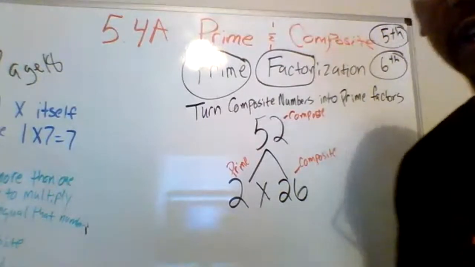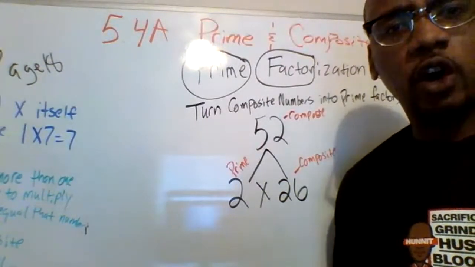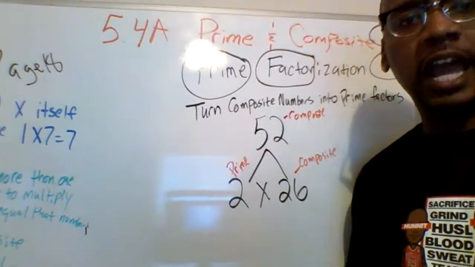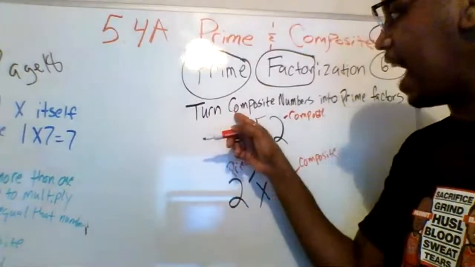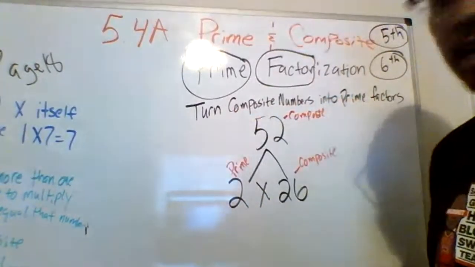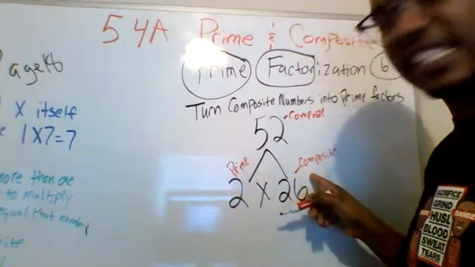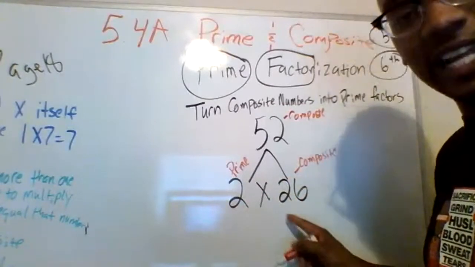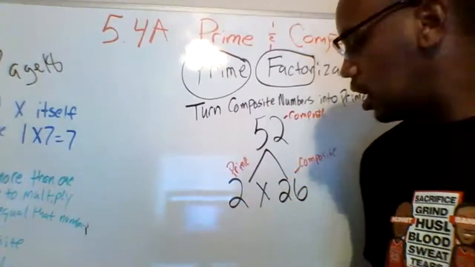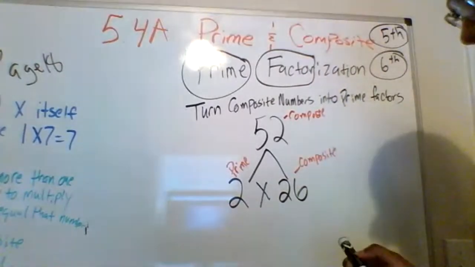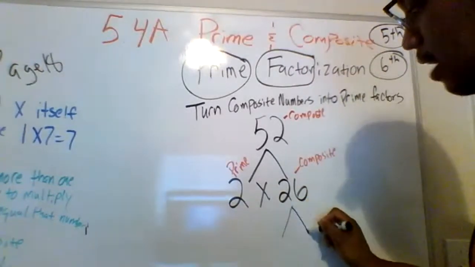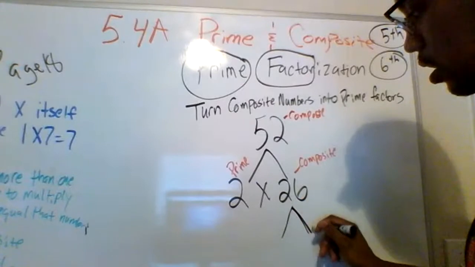So you say, Mr. T, how do you know 52 ain't finished yet? Well, I haven't turned it into all prime numbers. That's prime, but that's still composite, which means I need to break that down some more, right? So that means I'm gonna have to break 26 down some more, right?